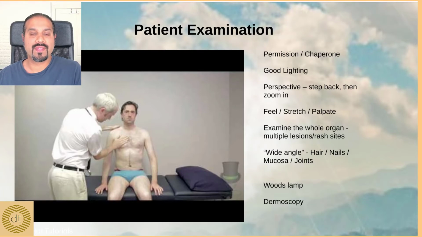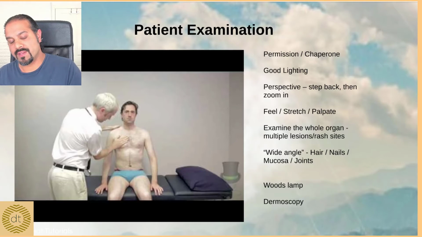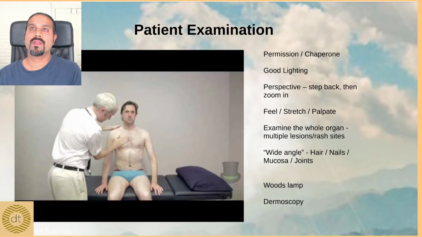Psoriasis has lots of nail manifestations and also affects the scalp, so it's always useful to examine. And again, with your skills of pattern recognition over time, you will pick up these clues, and it just makes your diagnosis easier over time.